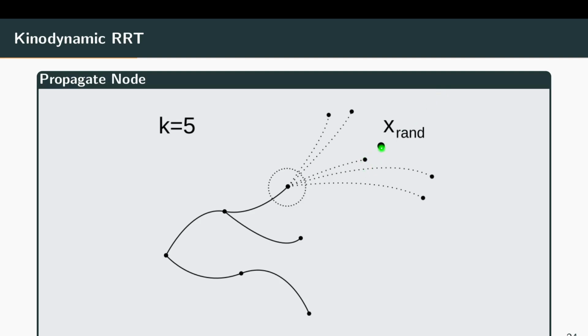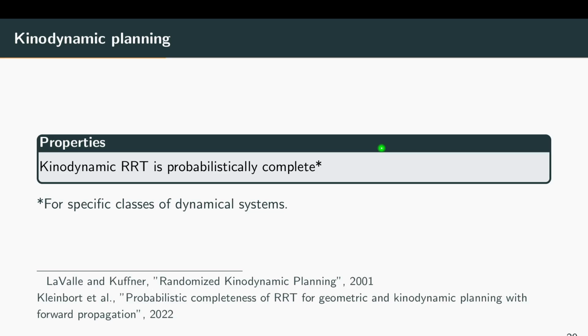So here we take just this one. And then we are done and we repeat. Okay, I forgot we have to first check at this point, is it actually collision free? This example had no obstacles, so yes it is.